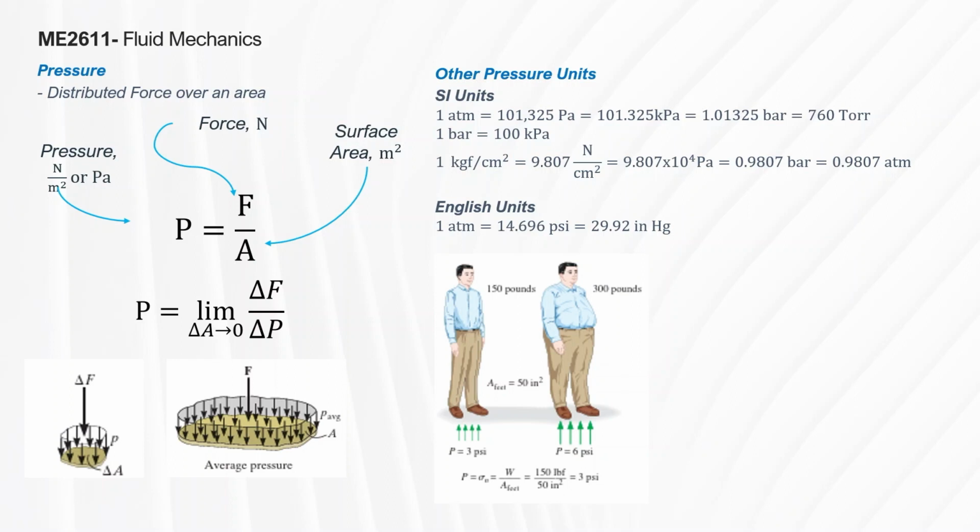You can see your formula here: it's the weight exerted by the body divided by the area of the feet. That's 150 pound-force divided by 50, which is 3 psi. You would notice the heavier you are, the greater the pressure. That means the greater the force applied on a limited area, the greater the pressure, just like I said earlier.